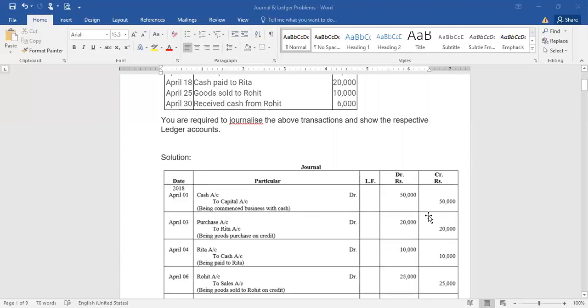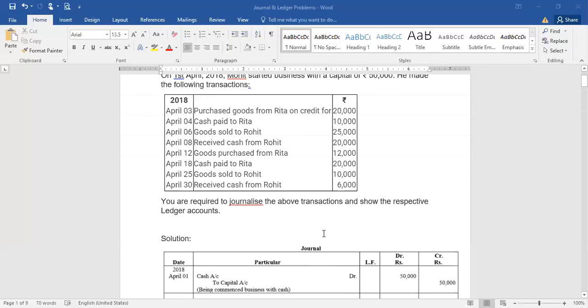So the journal entry will be: purchase account debited to Rita's account, being goods purchased on credit. We are mentioning the Rita name because it is a credit purchase. Cash is not involved. So rupees 20,000 and 20,000.